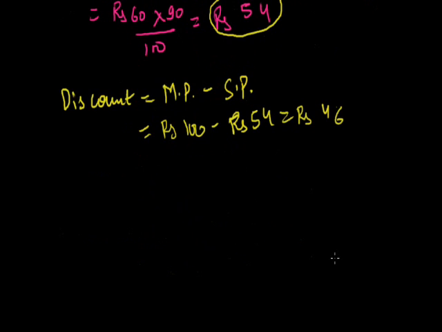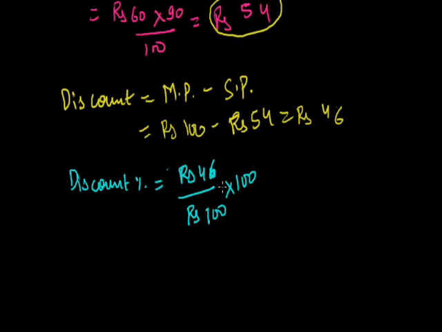Now if we calculate the discount percent, that will be equal to the discount, that is rupees 46, upon the mark price, which was rupees 100, into 100 to convert the discount into percentage. Now it will be equal to 46%.